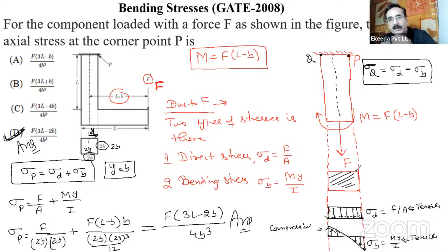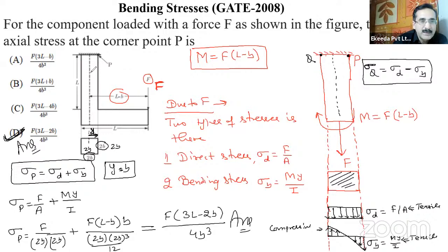Due to that bending moment, there are bending stresses, which are tensile on one end, compressive on the other end, using the formula My by I, right? And the direct stresses are uniform throughout the section, and that is given by force upon area, right?